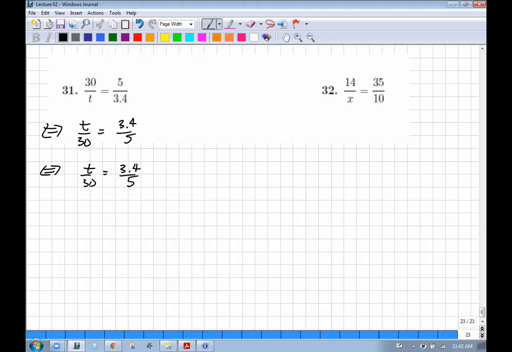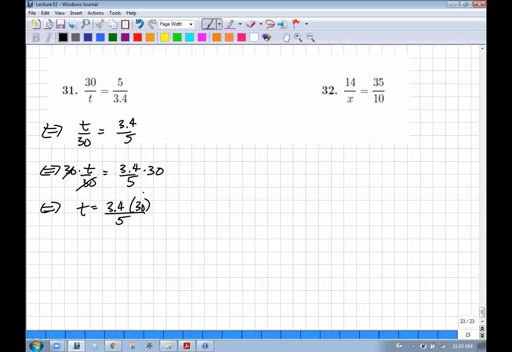Since it's being divided by 30, we're going to multiply both sides by 30. So t is 3.4 times 30 over 5. And you can plug that into your calculator, simplify it however you want. The rest is just arithmetic. The part we did is the algebra. So we're focused on algebra right now.